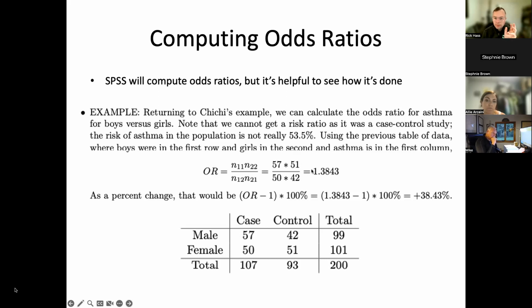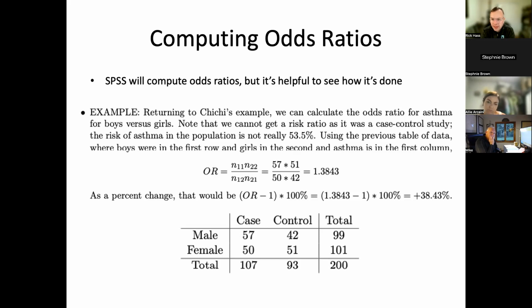Here the group represented by the numerator is the boys, and compared to the girls, the boys have odds of asthma that are 1.3843 times greater. This on its own represents what we call an effect size in the literature, because you can generally compare odds ratios across studies as being big or small for a particular study topic.